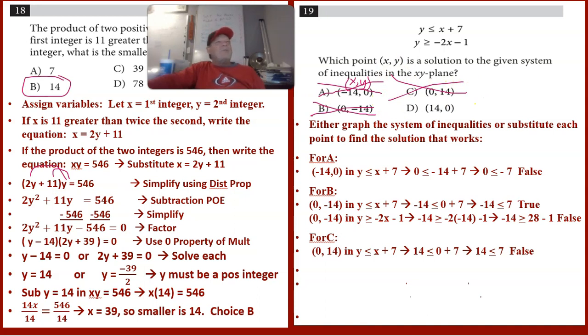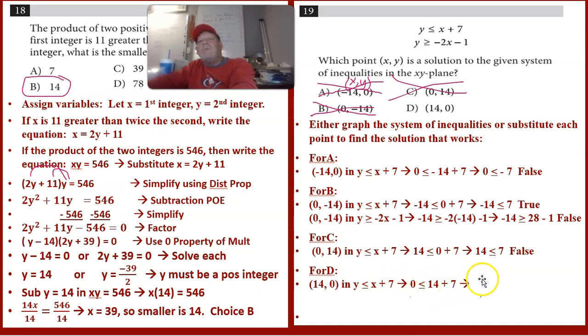But instead of just quitting right now, let's plug in D and see if it really works for both of them. So I put the 14, 0, xy. So I'm going to put a 0 here and a 14 here. 0 less than or equal to 14 plus 7. 0 less than or equal to 21 is true. Now I'm going to plug it into y greater than or equal to negative 2x minus 1. I'm going to put a 0 here and a 14 here for my y and my x.